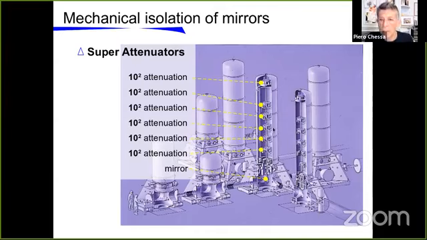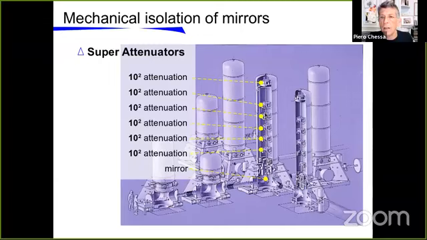Here you have a sketch of the attenuation towers. At the bottom of the chain, at this point here, you have the mirror. In this drawing, this mirror is the beam splitter of the detector. Over the beam splitter, you see a chain of filters, of attenuators.